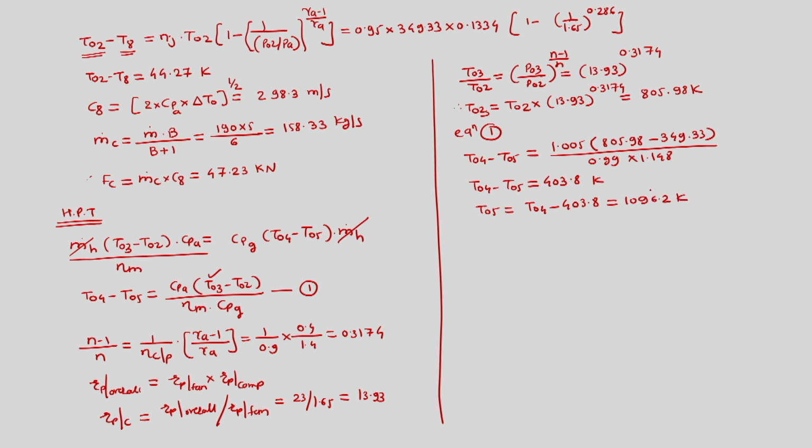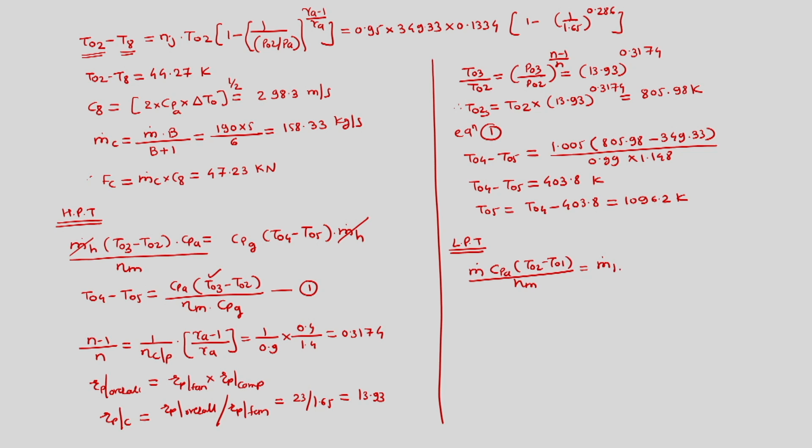From there we get T05 as 1096.2 Kelvin. Now similarly we can go to the low pressure turbine, and here its work will be equal to fan work, and the fan is interacting with the complete air, so it is m dot into Cp air into T02 minus T01 divided by mechanical efficiency.